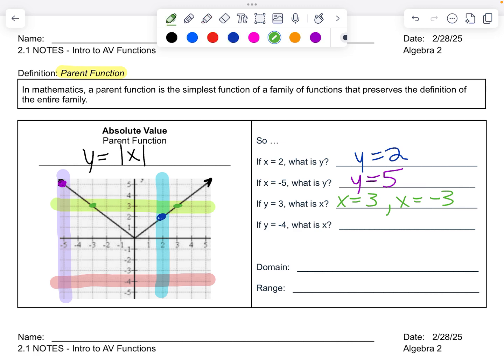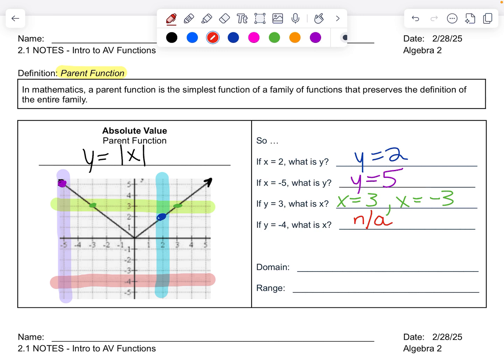So we don't have an answer for this. That's not going to be an answer for us. It's not applicable in this situation. If you think about it, what number can you plug into an absolute value that, when it comes out, would produce a negative number? There's no answer like that. That's impossible, given our parent function.